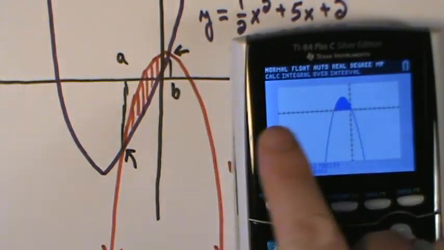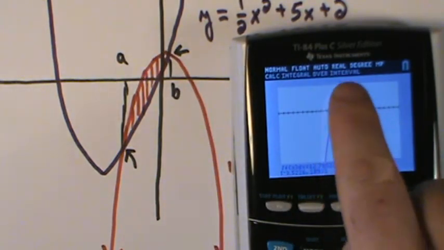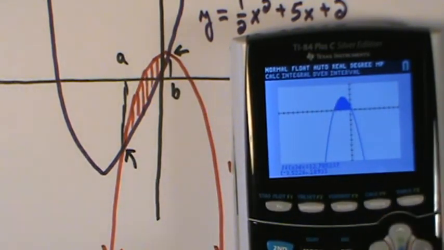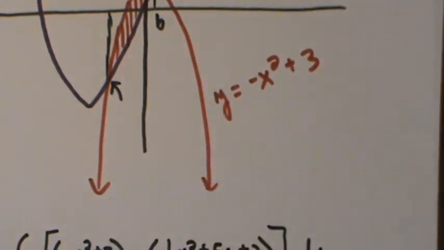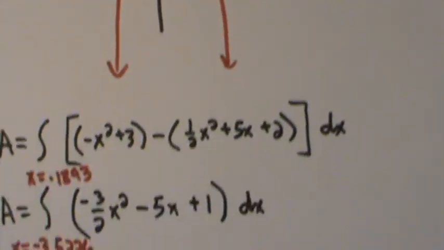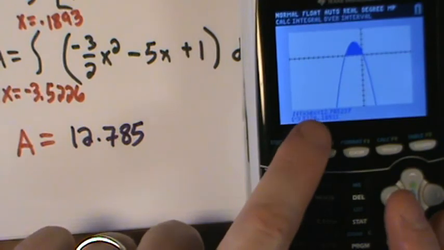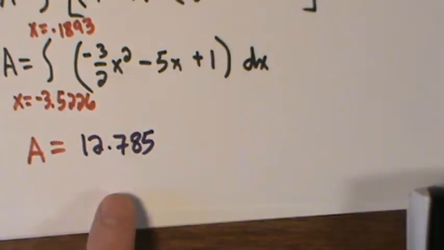Those are equivalent areas. It's just been reshaped to fit right here above the x-axis. And this is being reported as 12.785. I'm getting that straight from the calculator. I know it's hard to see, but that's the value that it's reporting right there. That would be units squared.